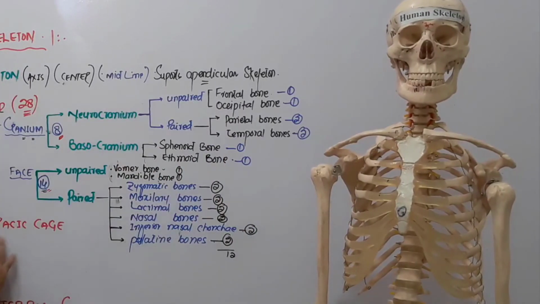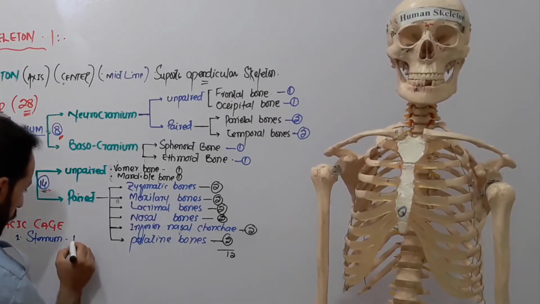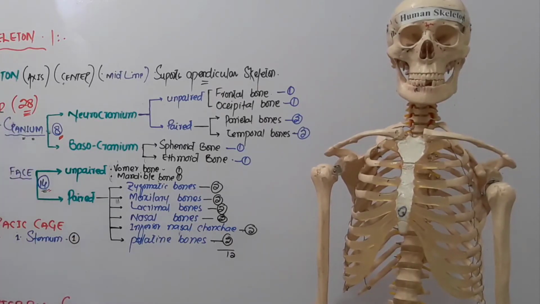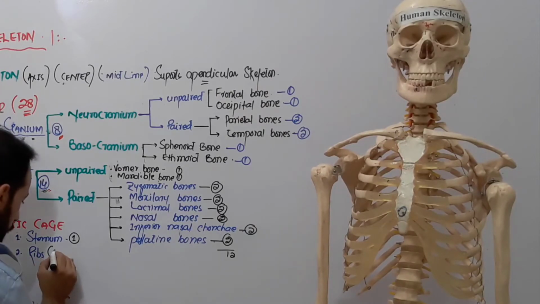So let me write here, in your thoracic cage you have what? First of all, you have the sternum, right? And how many sterna do you have? You have only one sternum. And then, my dear friends, you have ribs, or we say these are called costal bones.